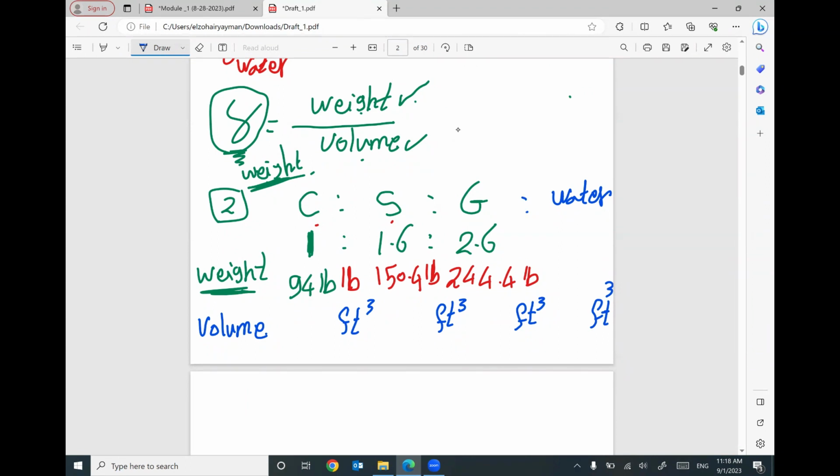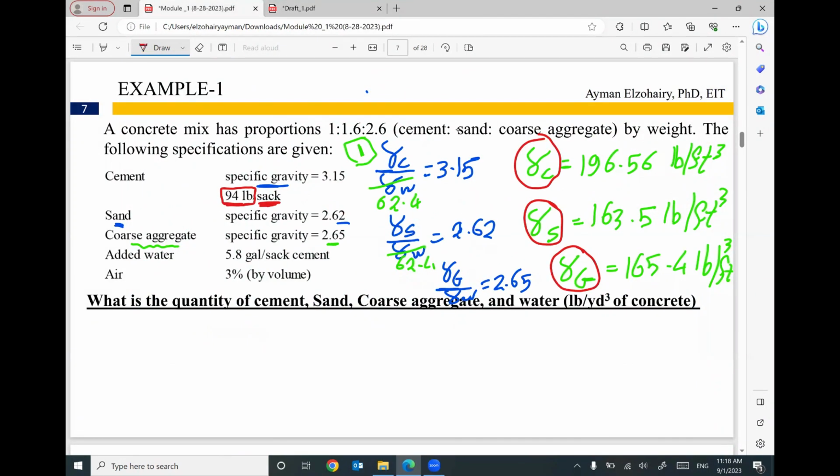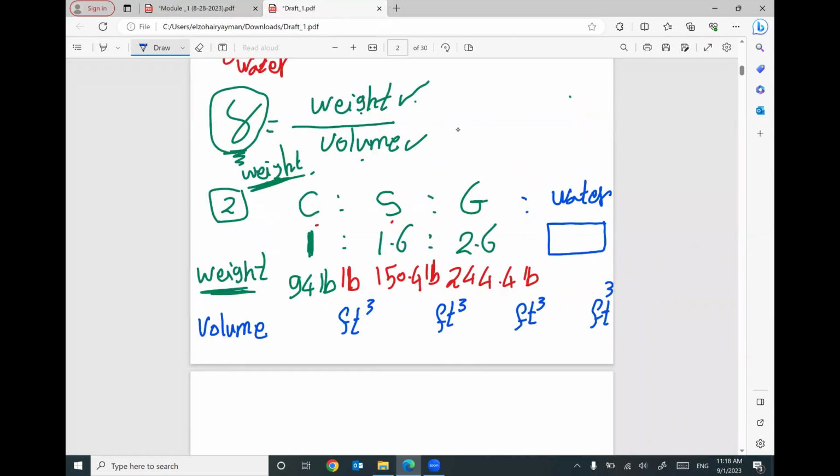So let me try it again one more time here. The amount of water I'm going to use is 5.8 gallons for each sack of cement. I forgot to mention this. So we are going to use one sack of cement with 94 pounds. Can you tell me how much weight of water?